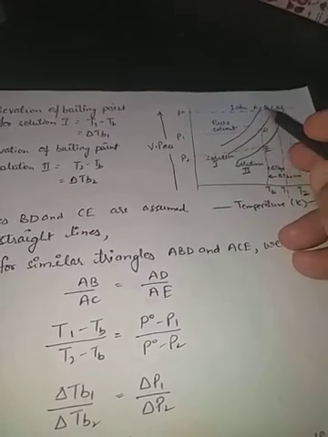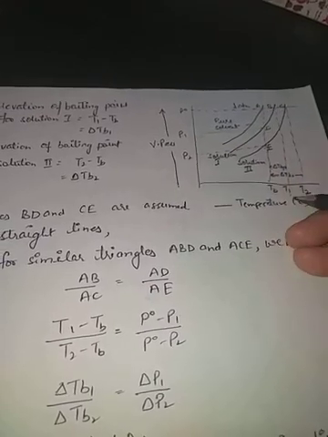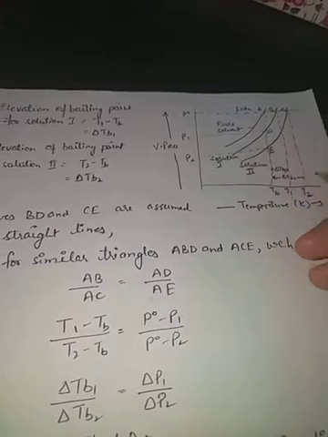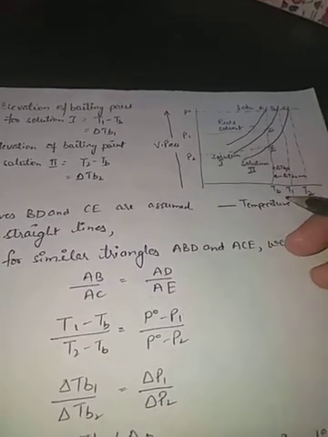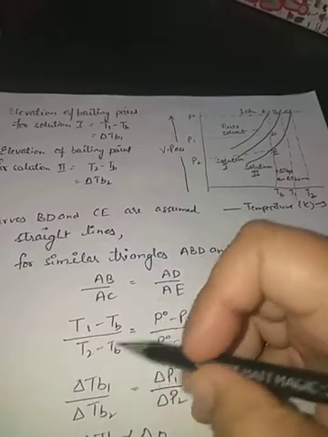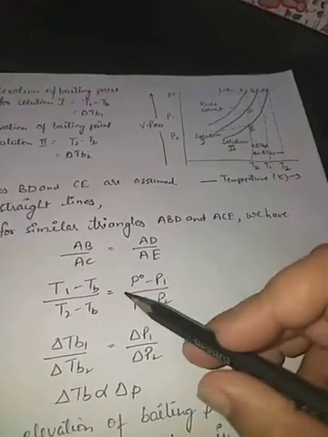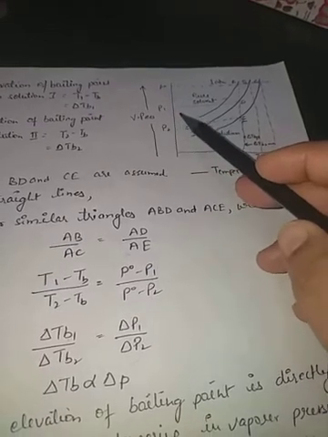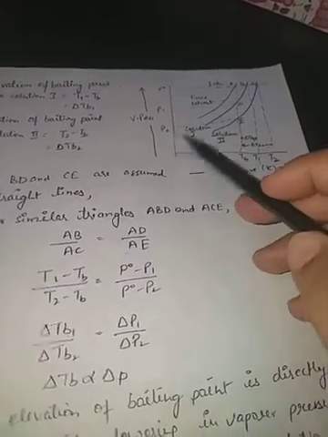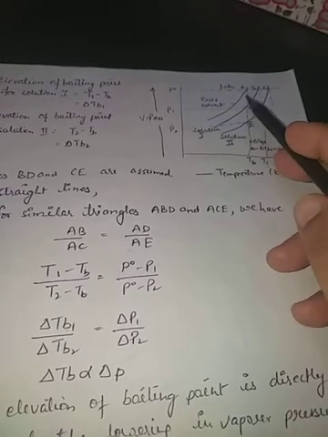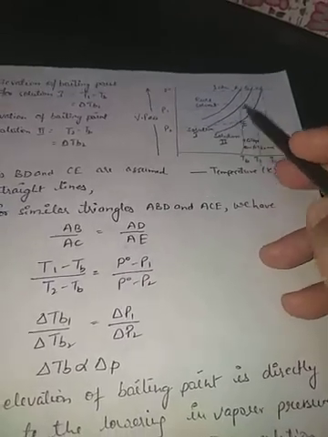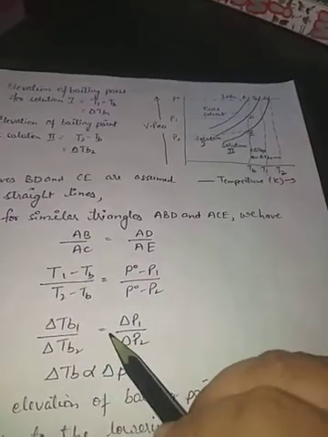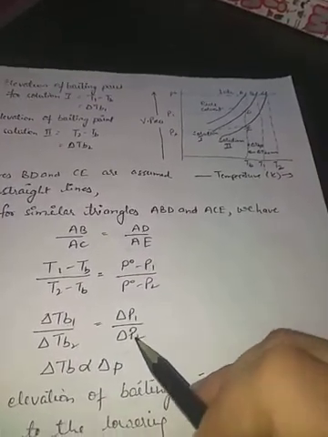AB is T1 minus TB, AC is T2 minus TB. So T1 minus TB upon T2 minus TB is equal to P naught minus P1 upon P naught minus P2. See this one, P naught minus P1 upon P naught minus P2. So delta TB1 upon delta TB2 is equal to delta P1 upon delta P2.